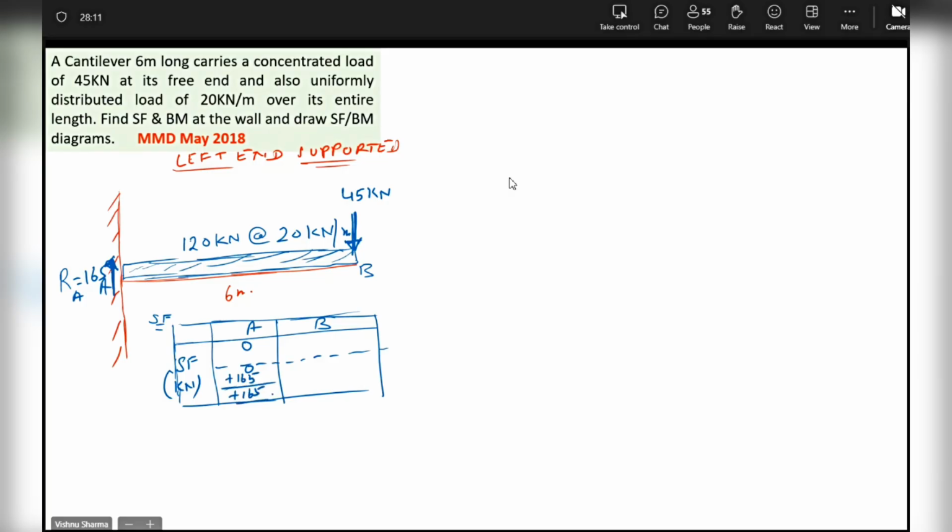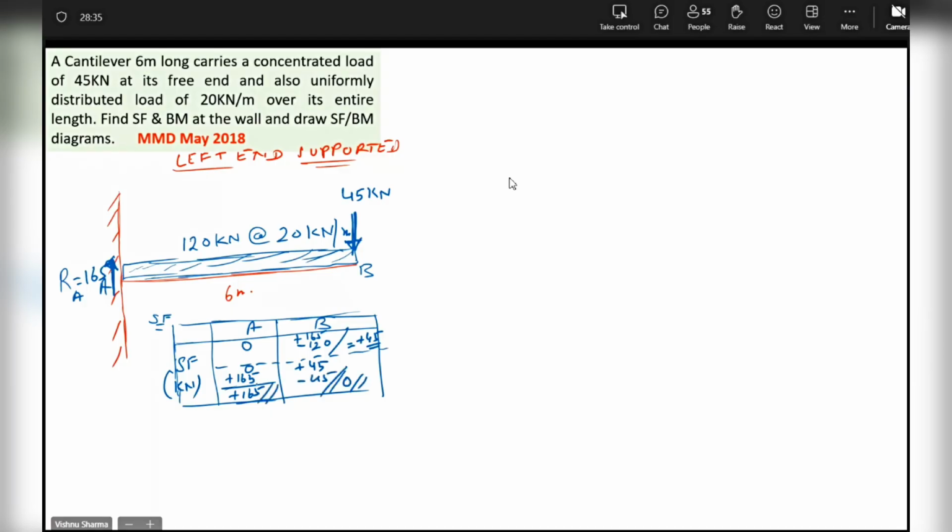This is what you're doing with the beam. Then I carry forward 165. From A to B, minus 120 kilonewtons comes into picture. That's all that comes into picture. And this leaves you with plus 45. You carry forward plus 45. You have minus 45 and it becomes 0.